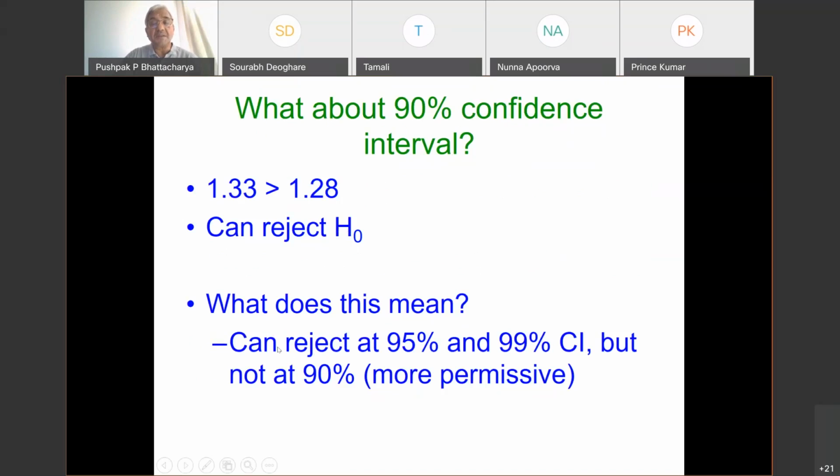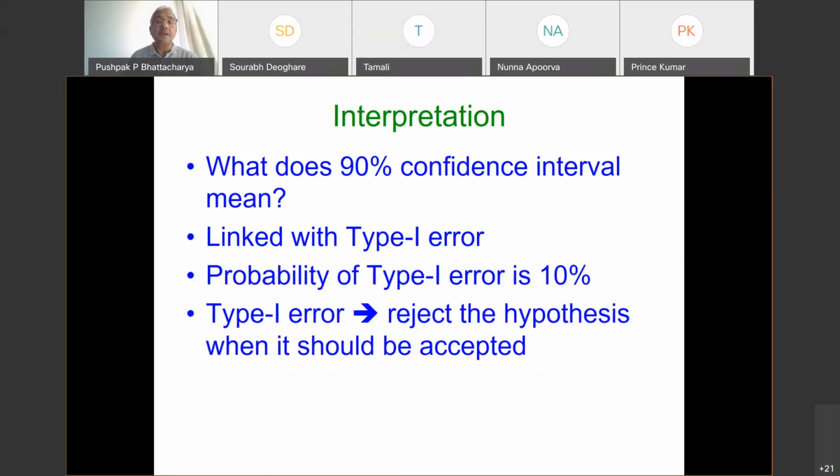So what does this mean? We can reject at 90% confidence interval, but cannot at 95% and 99% confidence interval. What does this mean? So let's do this interpretation now. This analysis is linked with the type 1 error.